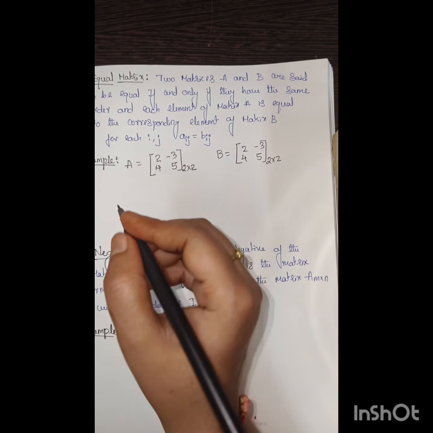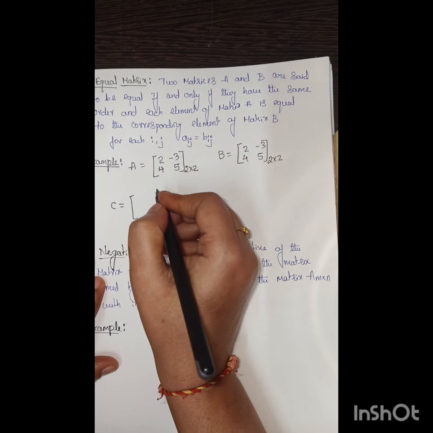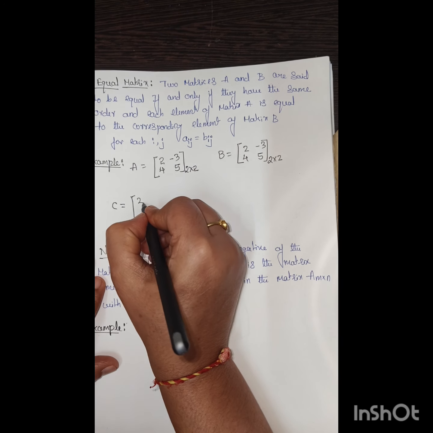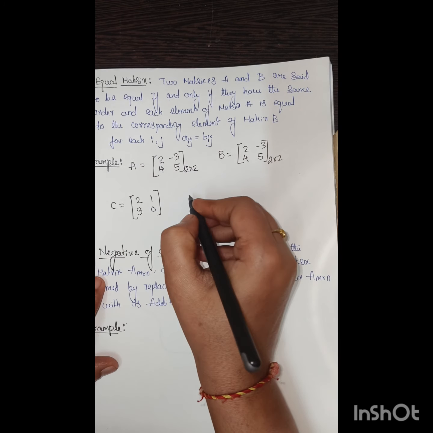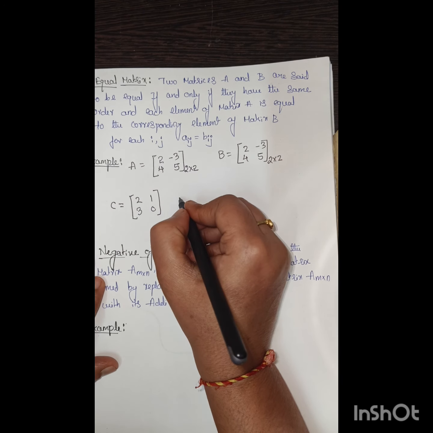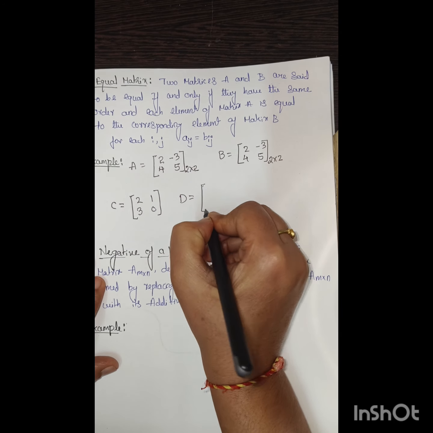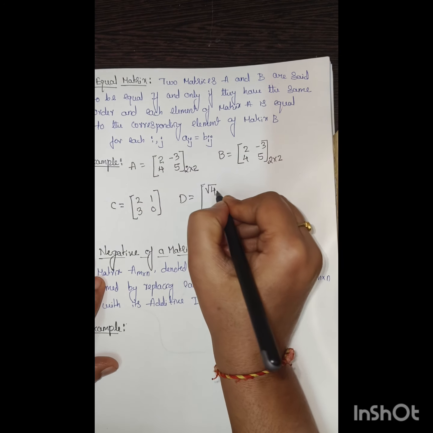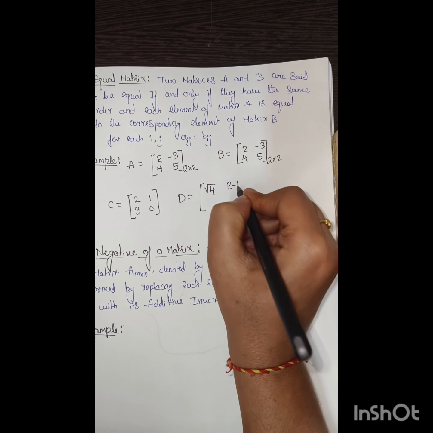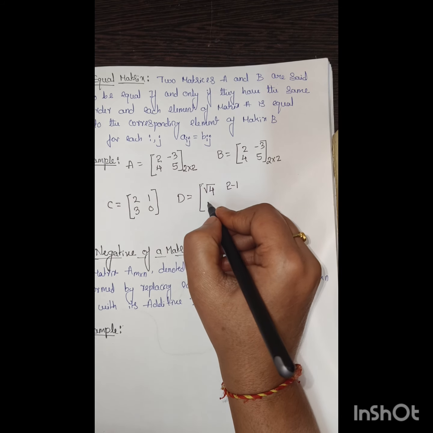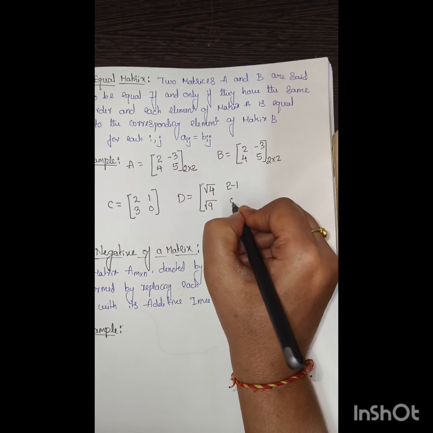I will give another example here. C equals 2, 1, 3, 0. If D equals square root of 4, 2 minus 1, square root of 9, 0.